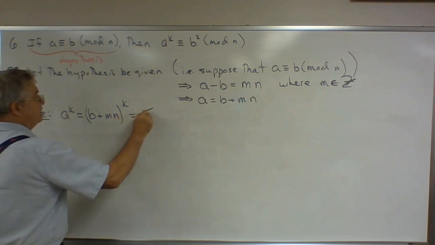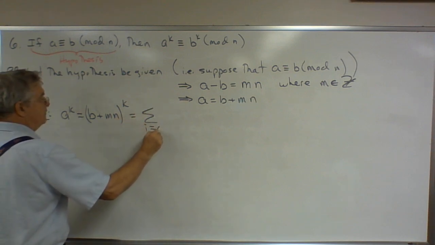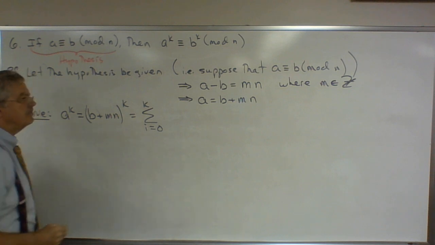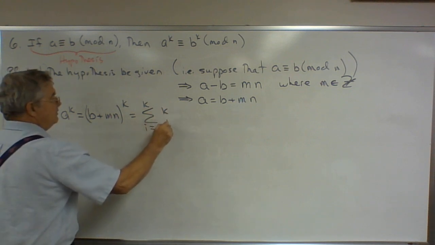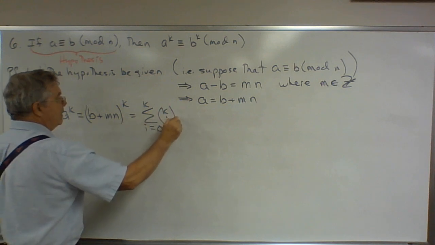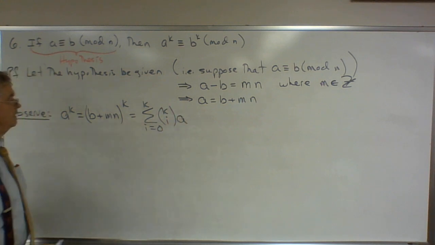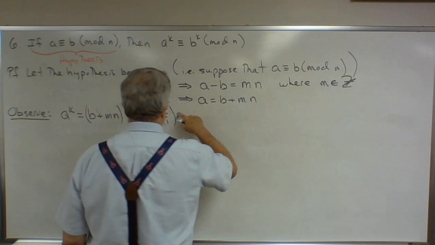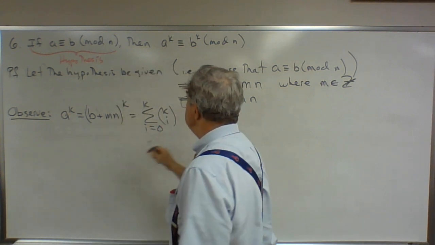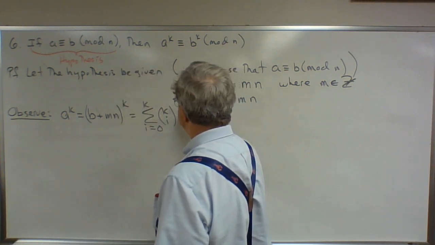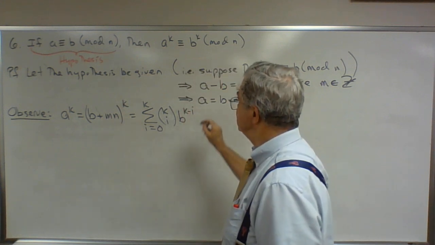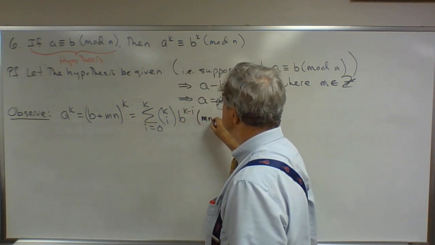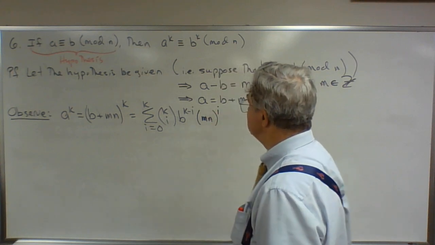We're going to get the sum from i equals 0 to k of k choose i times B to the k minus i times mn to the i.